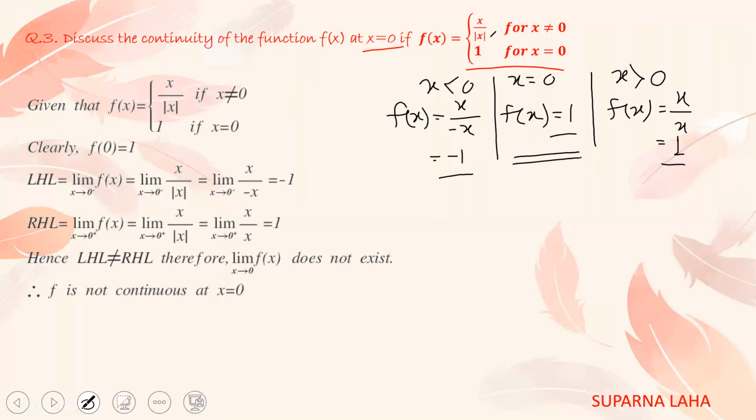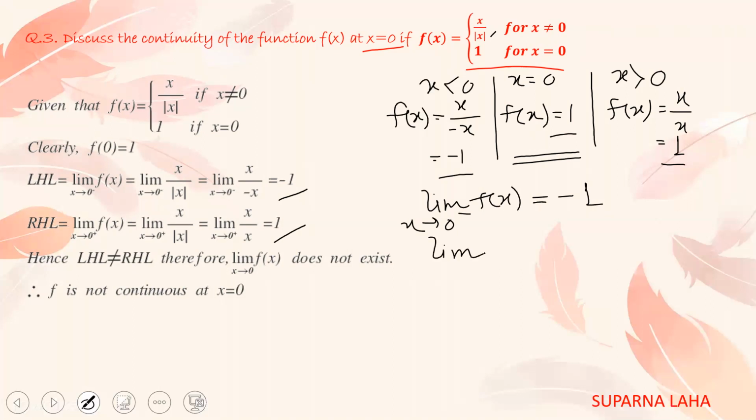Check the right hand limit and the left hand limit. The left hand limit will be minus 1 and the right hand limit will be 1. Check the limit, that is limit x tends to 0 minus f of x, that is minus 1.